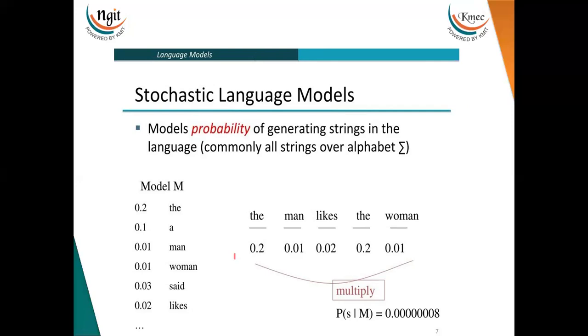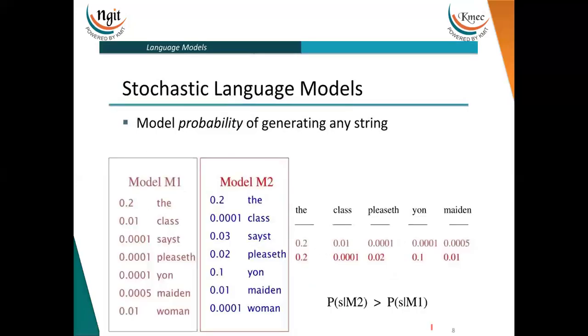What the language model is doing is trying to find the probability of each term in your document. Then I multiply all these probabilities, and finally I get the probability of S in model M, which is the answer of my multiplication. Now, there may be two documents.